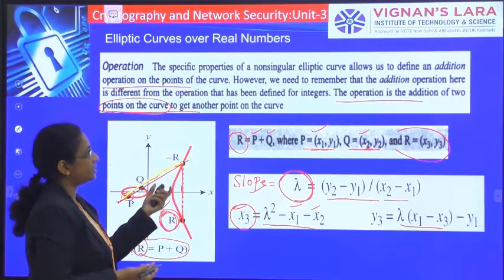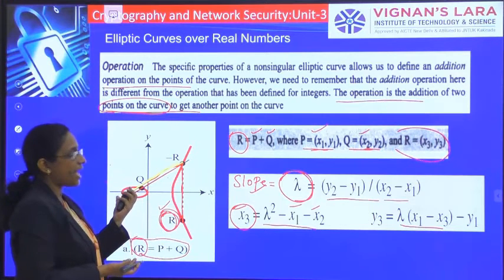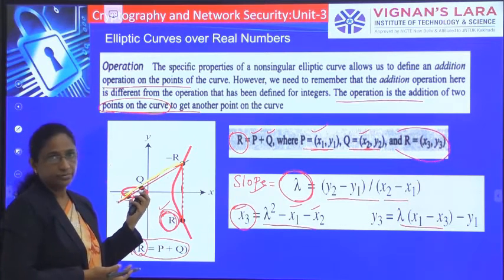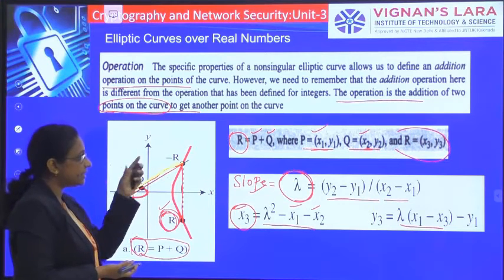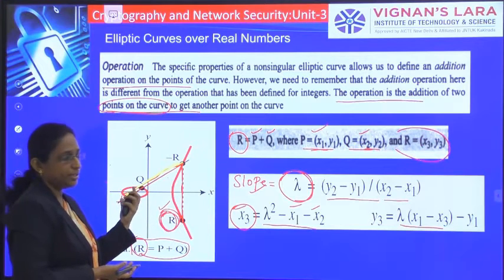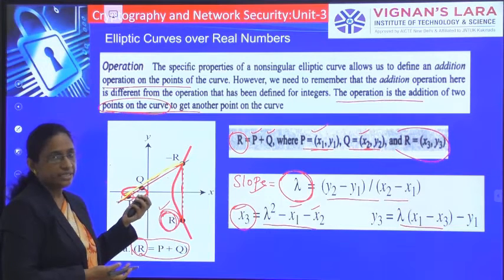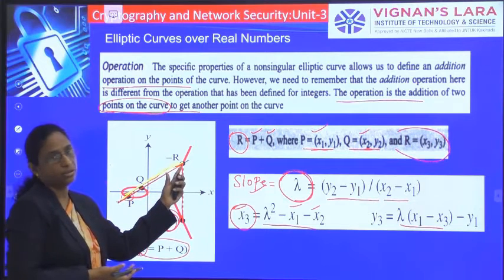This is like addition of 2 numbers. If you want to add 2 points on the curve, the result should also be a point on the curve. Taking 2 points on the curve and adding them, you get a third point, and that third point should also be a point on the curve.